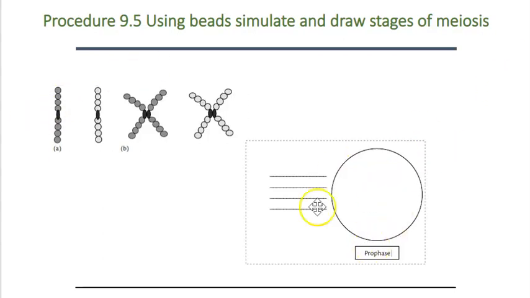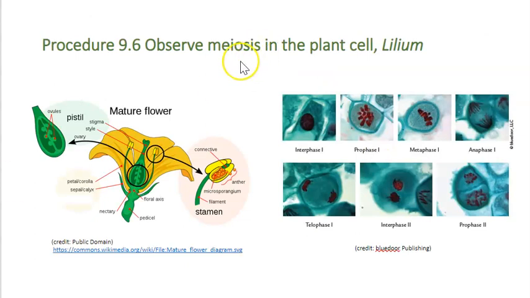Once you've gone through and you've either used the beads to model these processes and then drawn out these little images, or you've just gone through and drawn the different stages, you then want to make sure that you observe meiosis using the plant cell. We use lilium.